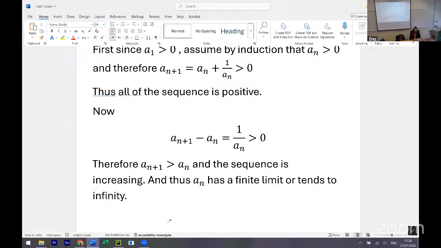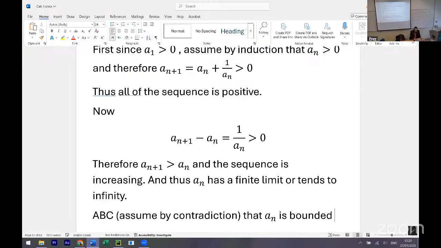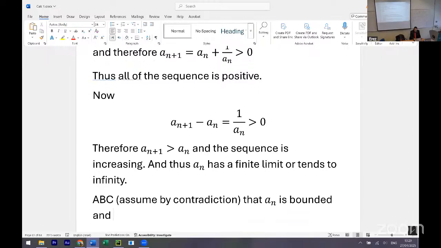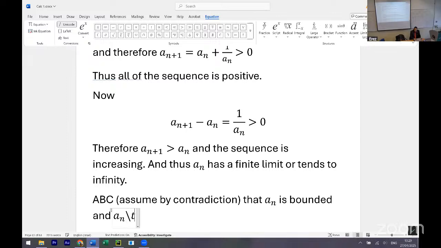Assume by contradiction that AN is bounded and tends to a finite limit.